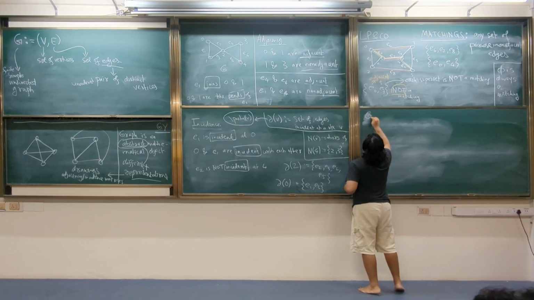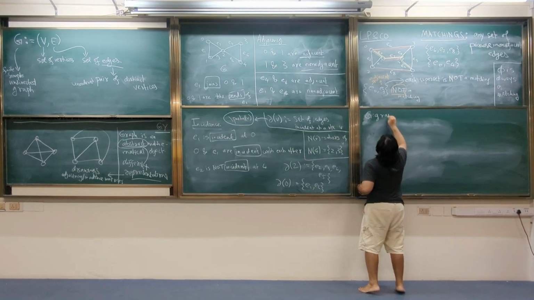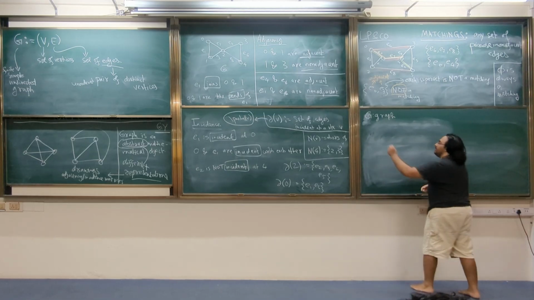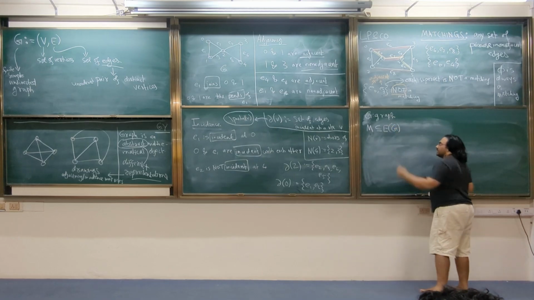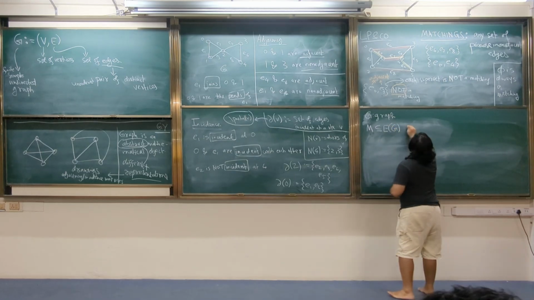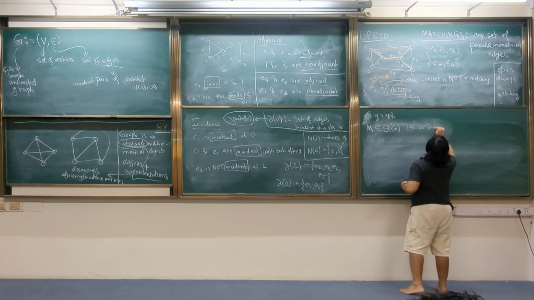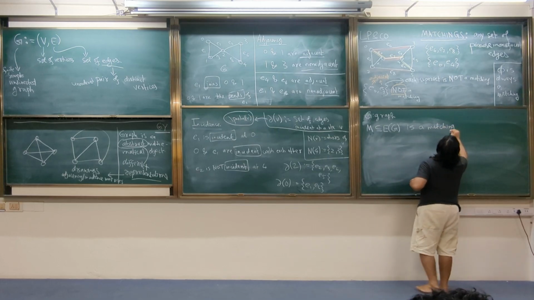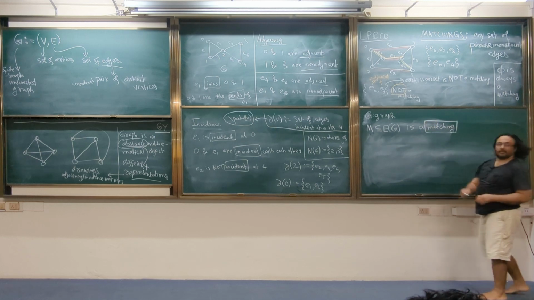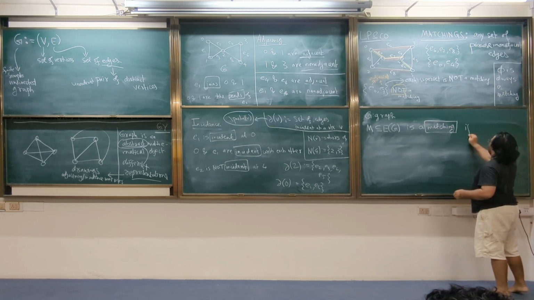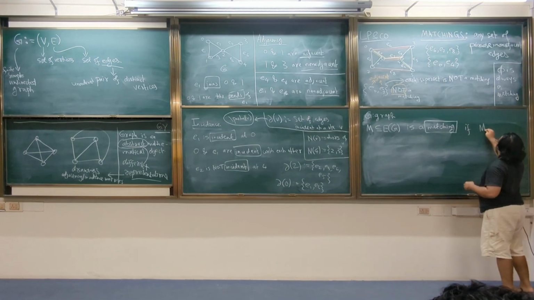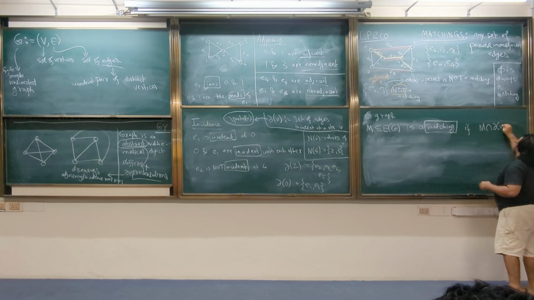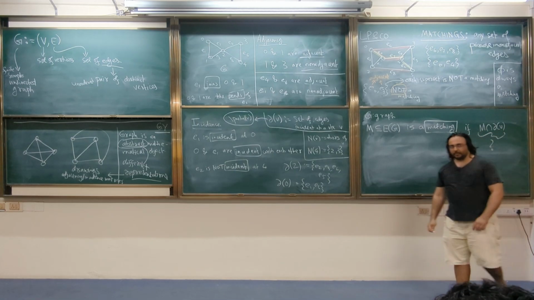For a graph G, so G is my graph of this, M, a subset of the edge set of a graph, is a matching if... I want you to think about it, right?